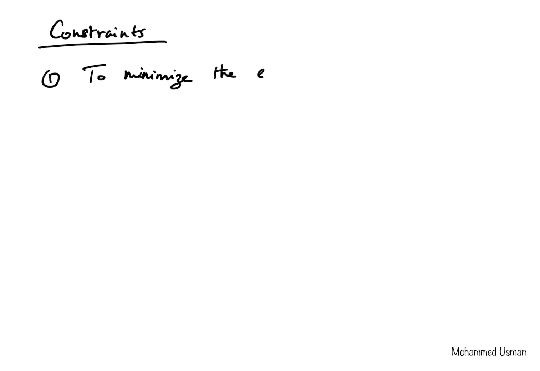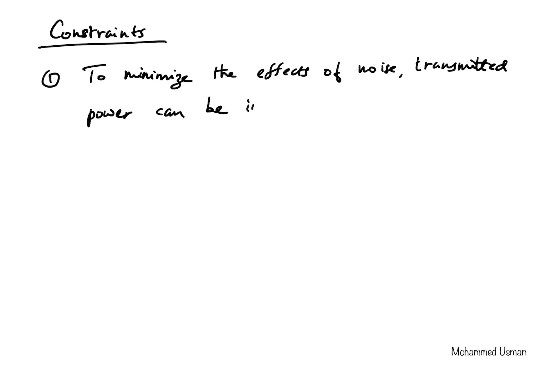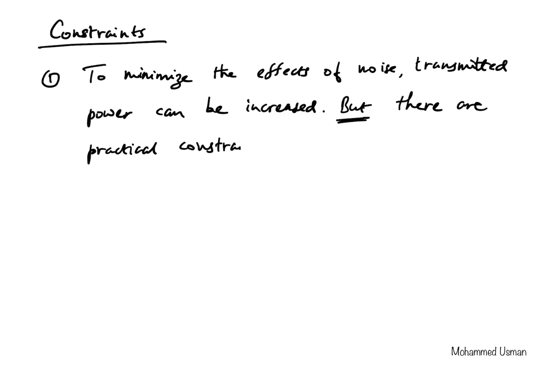To minimize the effects of noise, transmit power can be increased, but we have practical constraints which limit the maximum power at which we can transmit.